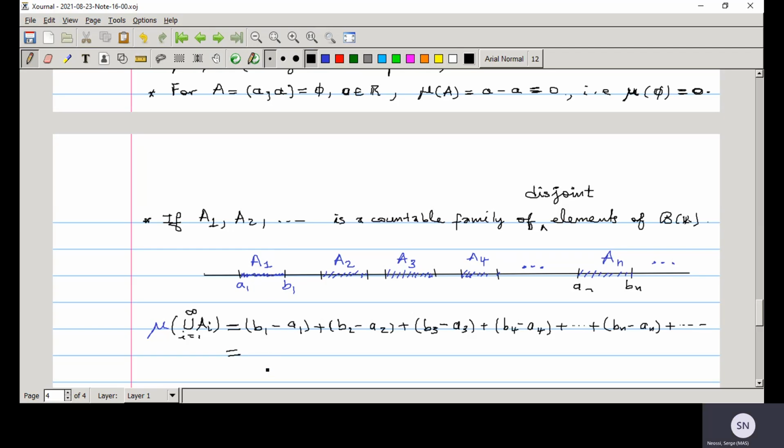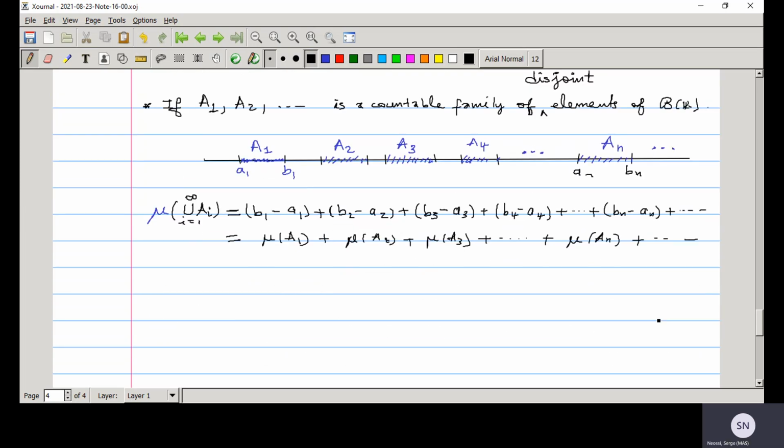This is mu A1, mu A2, mu An, and forever. So we'll be adding all of them, which is actually this infinite sum, if you have infinitely many.